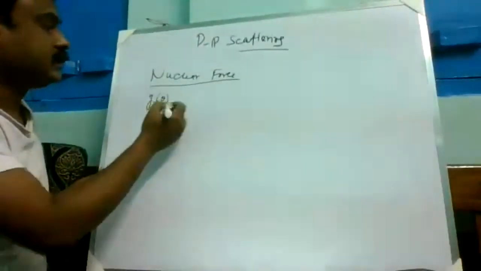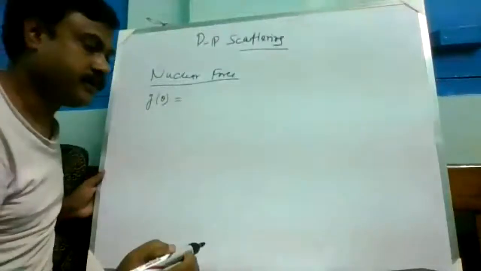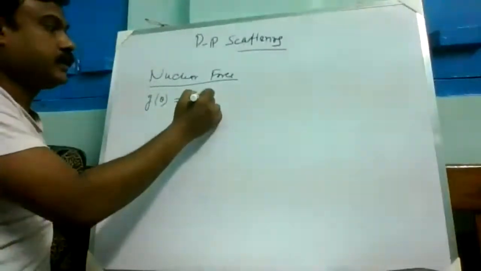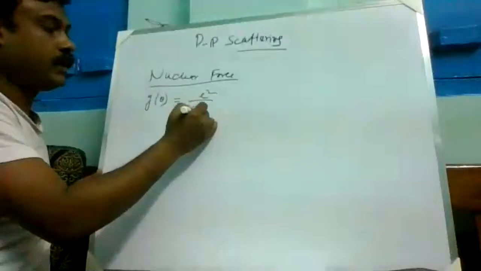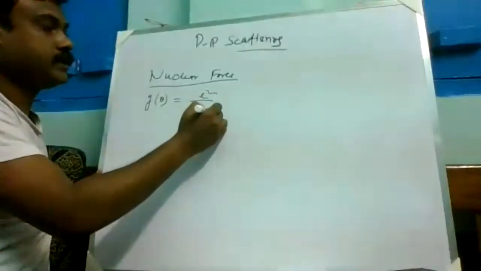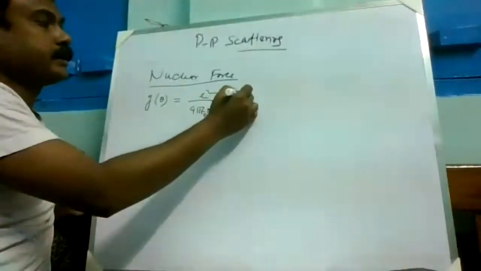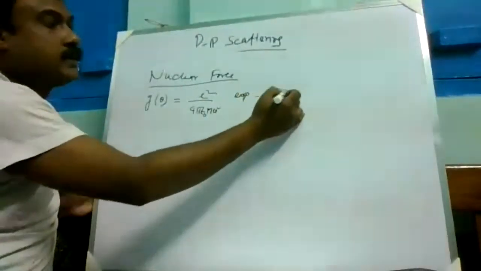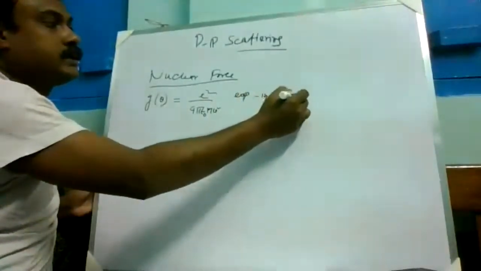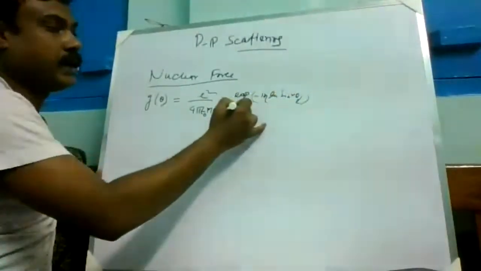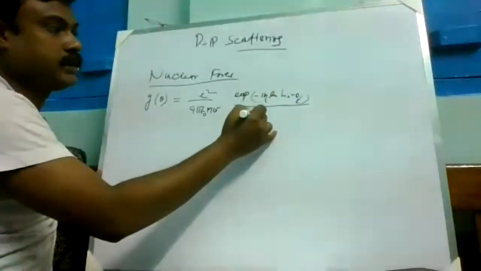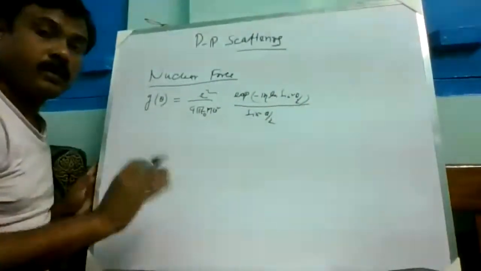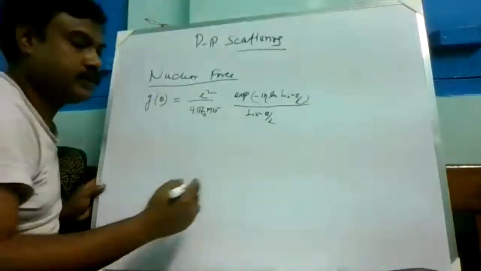So when we consider the effect of nuclear force, the amplitude g theta in the presence of nuclear as well as Coulomb force will be E square by 4 pi epsilon 0 mv square, exponential minus i eta ln sin square theta by 2, this thing by sin square theta by 2. This is the expression for Coulomb scattering amplitude.